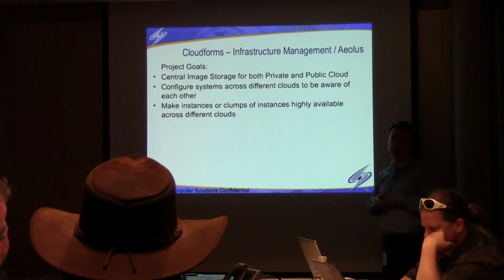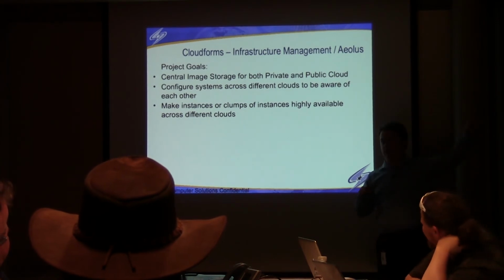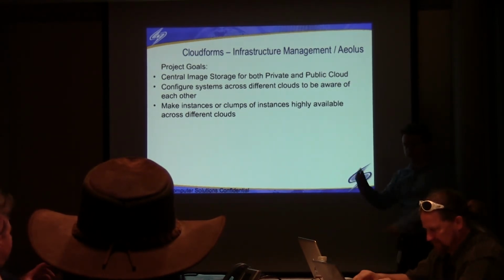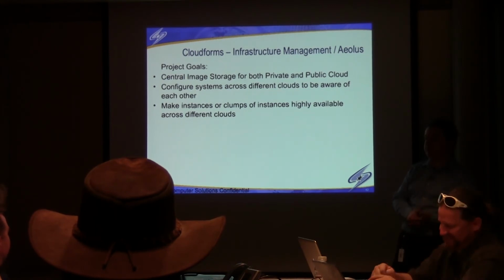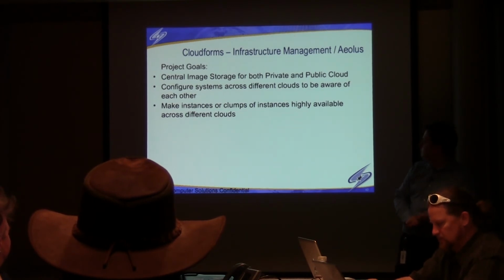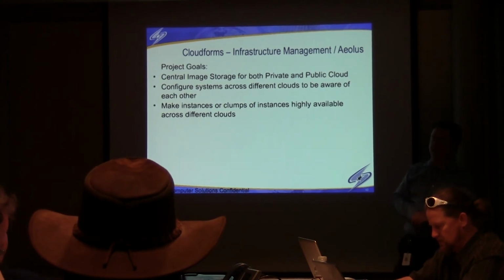Eventually you'll be able to make them cloud aware. Basically, this system knows that this system's in Amazon, that this system's in VMware, and you make it so they can have a virtual network that can talk to each other. Yeah, if you have EC2 configured properly, yes. And then make instances or clumps of instances highly available.